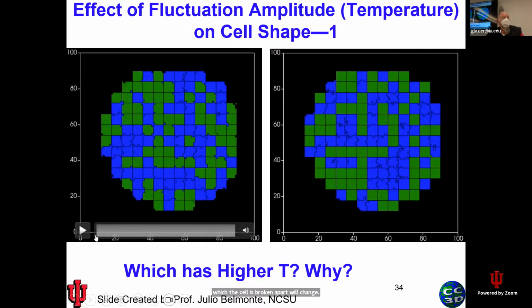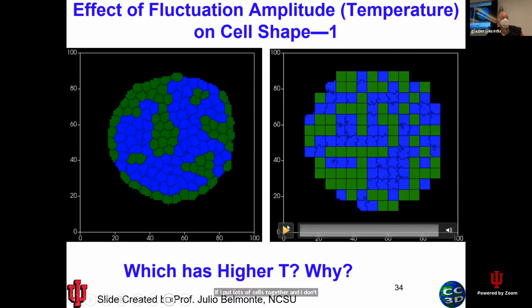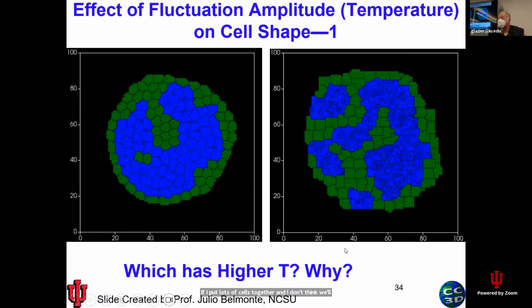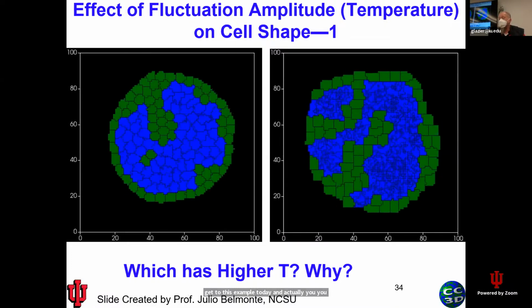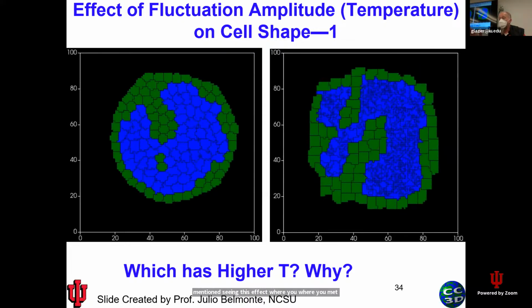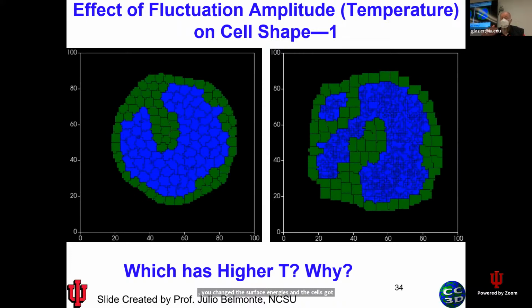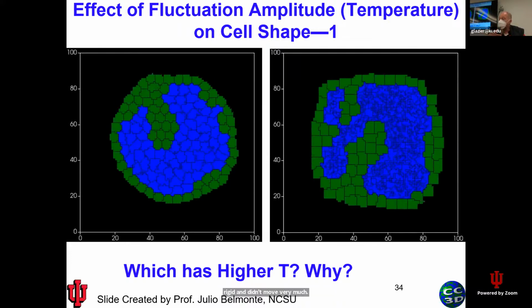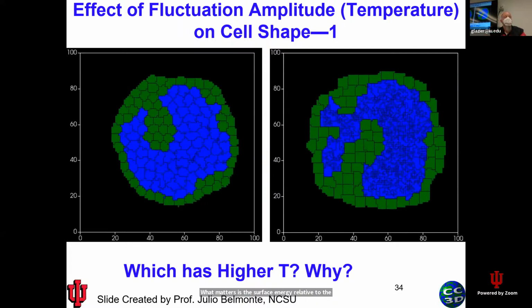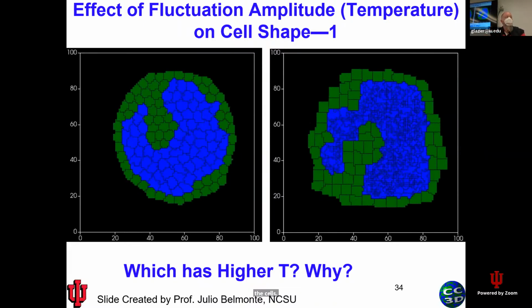If I put lots of cells together, and I don't think we'll get to this example today, and actually you mentioned seeing this effect where you change the surface energies and the cells got rigid and didn't move very much. What matters is the surface energy relative to the fluctuations that determines the degree of motility of the cells. And so here you're seeing exactly that.